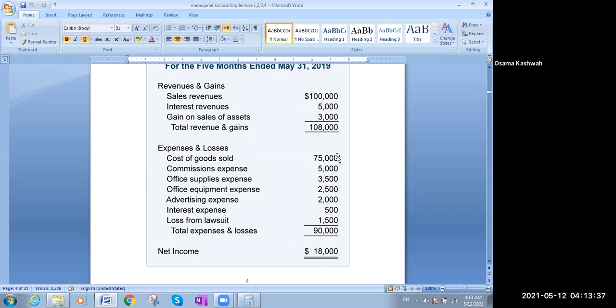Simply, if your earnings are 108,000 and your expenses are 90,000, then you earn a net income. Your net income will be 18,000, which is the gap between your earnings of 108,000 and your expenses of 90,000. We call this 18,000 in business the net income, or net profit. If it was in minus, it will be net losses.